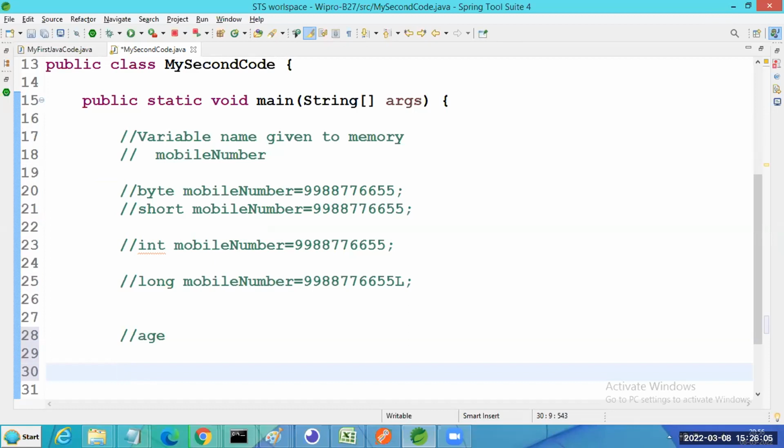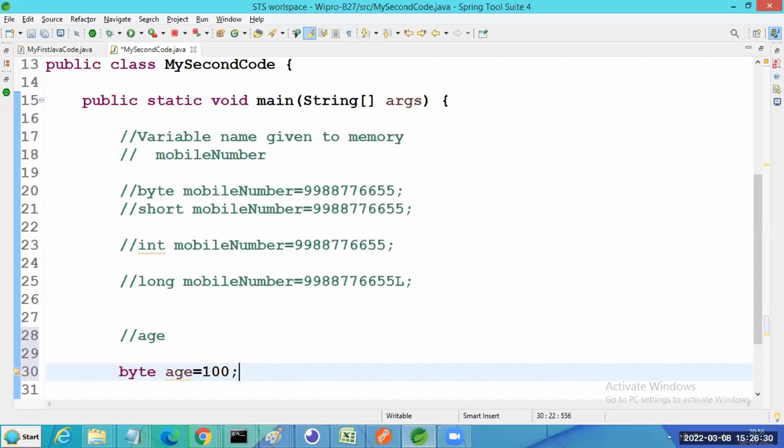Somebody is saying short, somebody is saying byte, some might say int, some might say long. Fine. Okay, let's say a byte. Age equal to, what can be the maximum age of a user? 100. Can 100 fit into it?